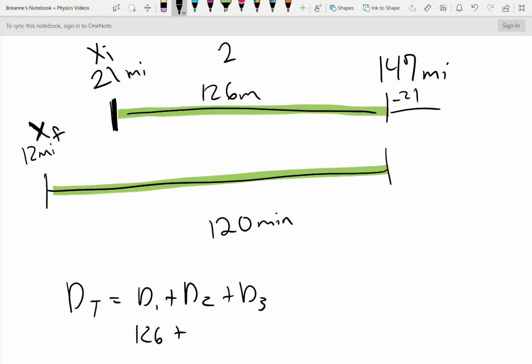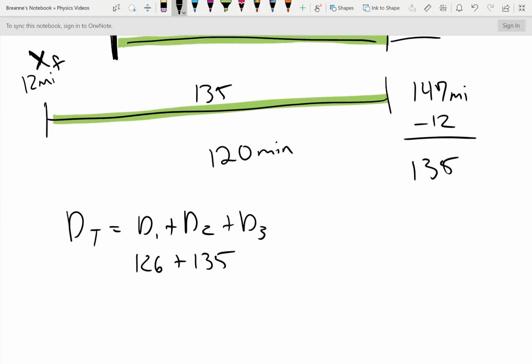Then we need to figure out how far they traveled in this section. Because we started at the 147-mile marker, just subtract 12, and you get 135. That would be D2, because you only did 2 tracks.